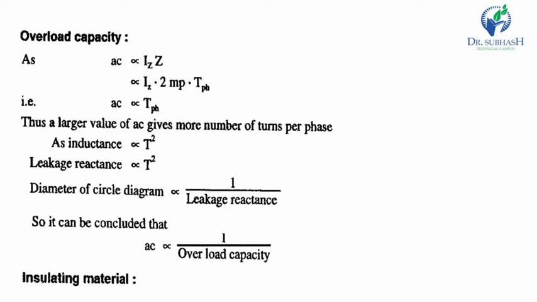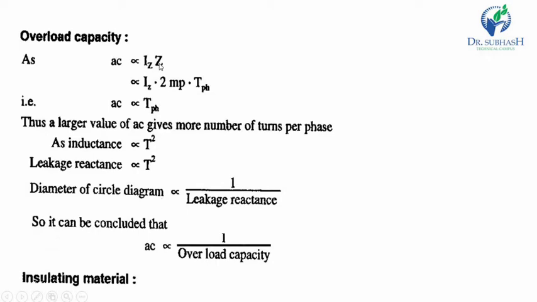If the circle diameter is higher, the overload capacity is also higher. Now AC is proportional to Iz into Z, because the diameter is constant for any one machine. So AC is proportional to Iz into Z.